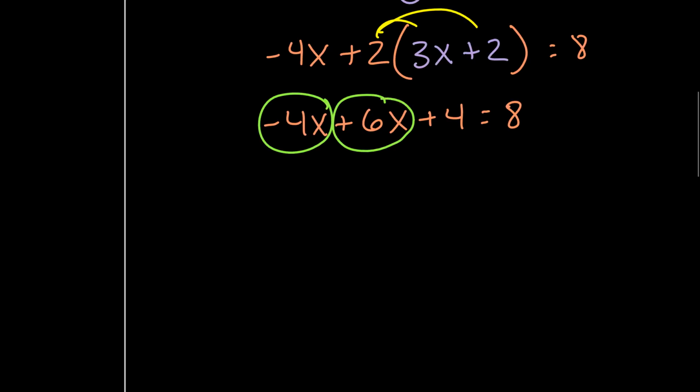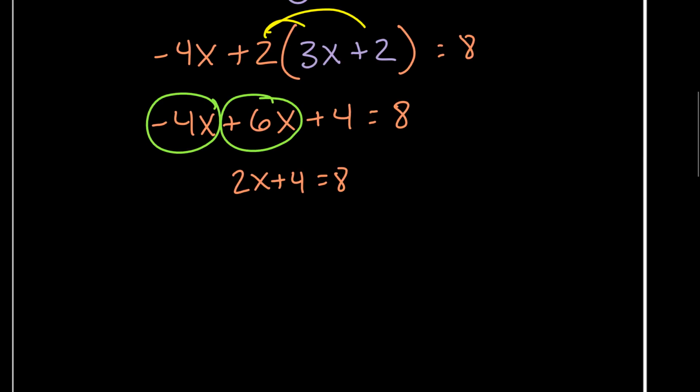Combine your like terms, your minus 4x and your plus 6x, and you get 2x plus 4 equals 8. Then what? Subtract 4 over. So you get 2x is 4. And then you divide by 2.